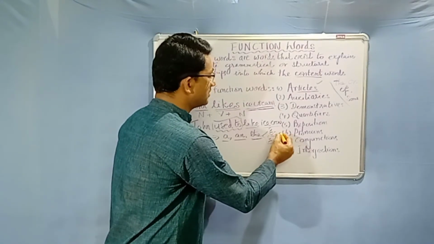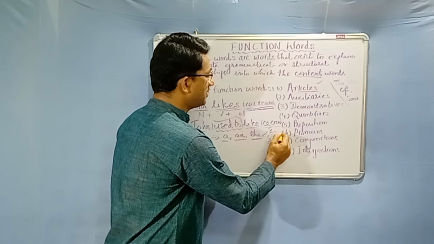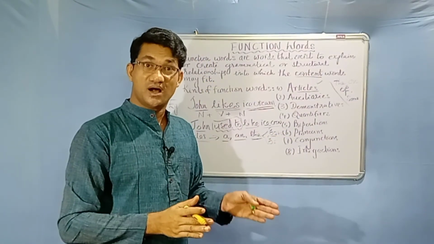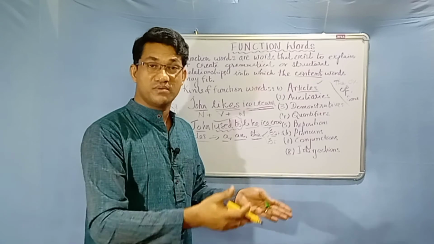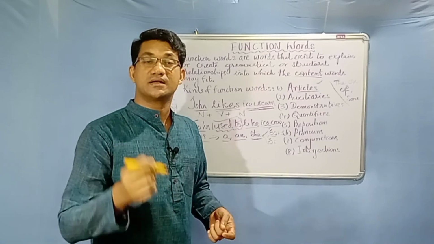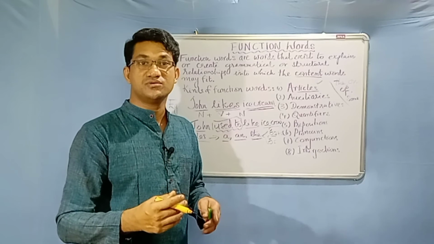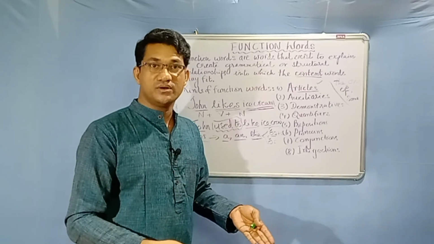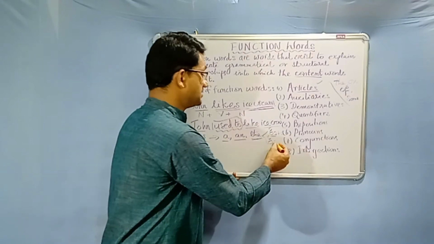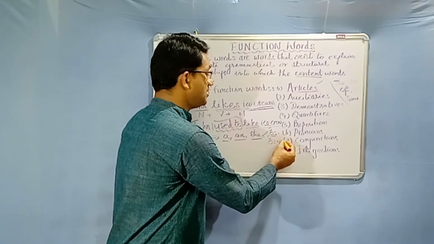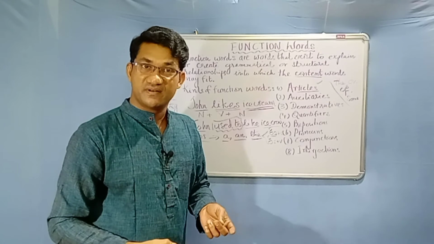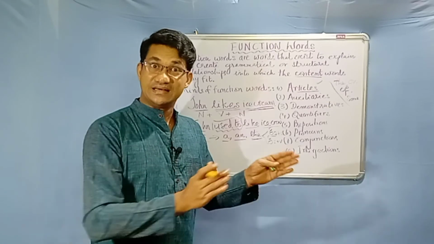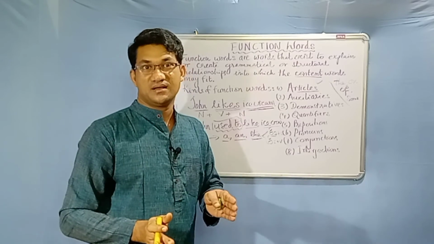Because the is immediately followed by a consonant sound. But when it is followed by a vowel sound, it will be pronounced differently. So we would say the elephant, the elephant, the book, the cat.